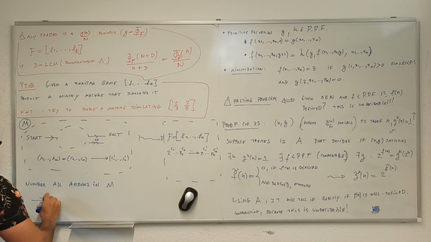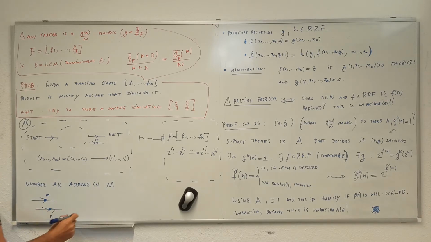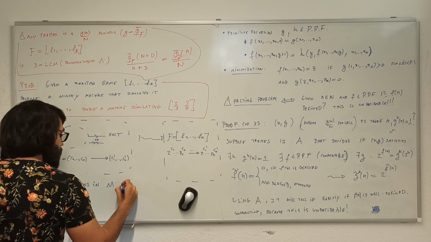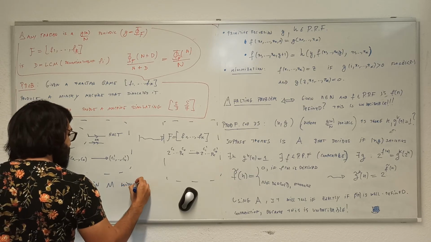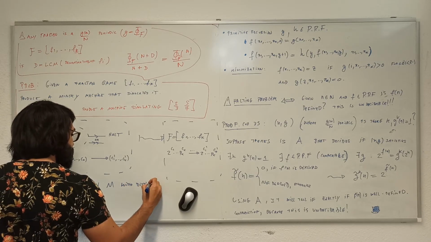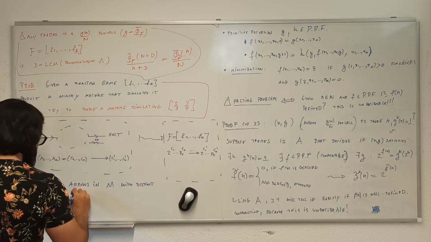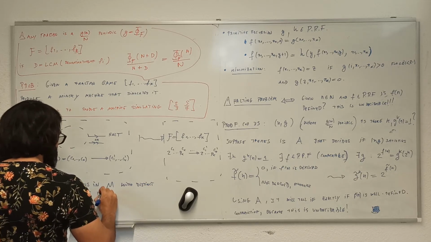So what you do is you put a node and you put the number there. Or you put the node here and you put the number there. Okay, and this had to be number all arrows in M with distinct positive integers.